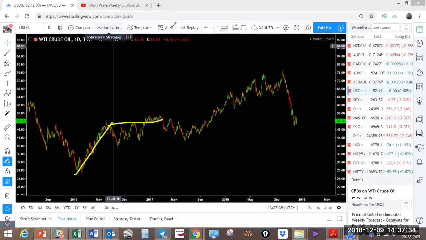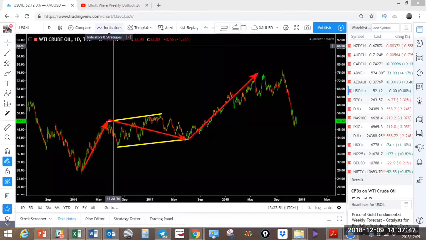Why am I drawing screw? Let me get a straight line so we can do it with a straight line. There's a running flat there. And there's a move up, 3-wave up, 3-wave back, 3 waves up. So it's ABC. 5 up, 3 back, 5 up. Now we're expecting this move, correction, further downside. We're making a corrective structure.